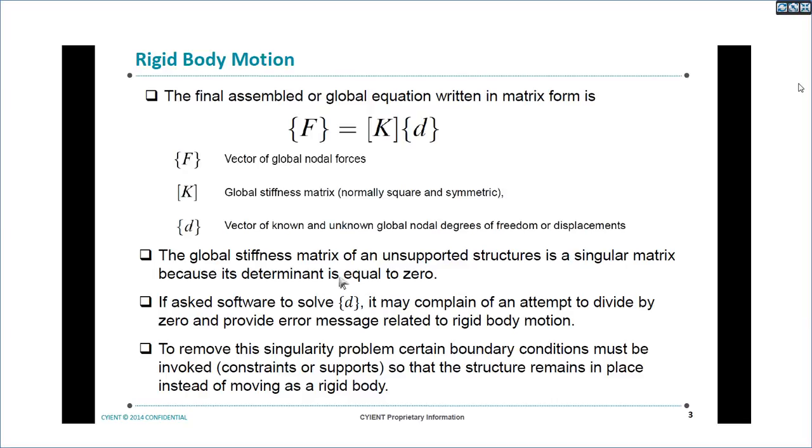So in general the global stiffness matrix assembly is singular. You cannot use that singular stiffness matrix straight away to solve our finite element model.